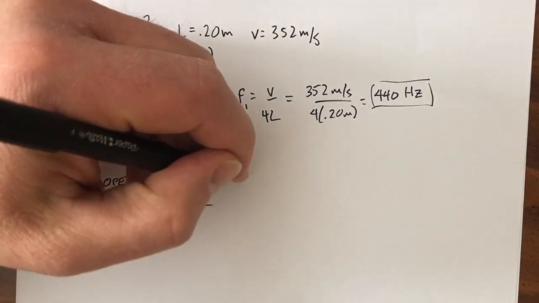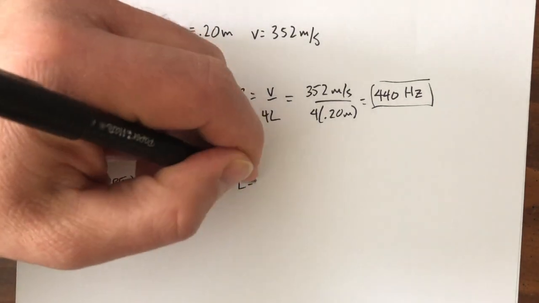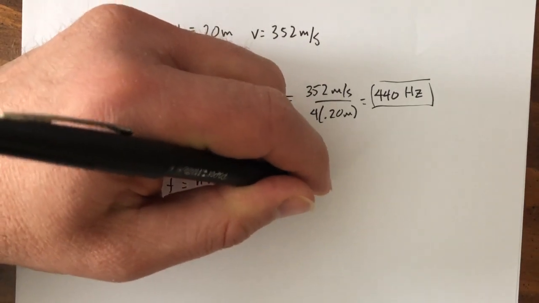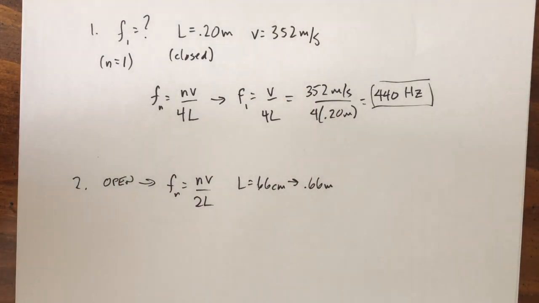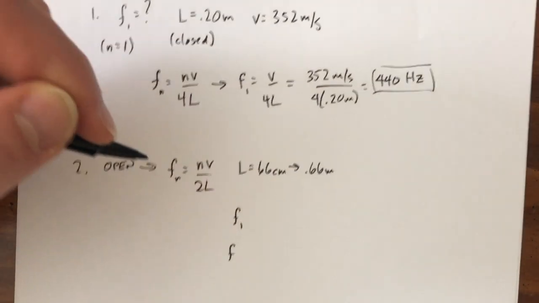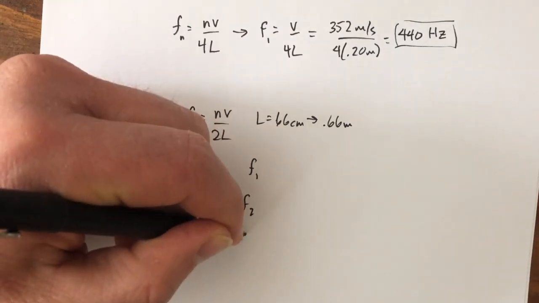You're given a length of 66 centimeters, and that has to be in meters, so that's going to be 0.66 meters. And it says, what are the first 3 harmonics? So we want to find F1, F2, and F3.